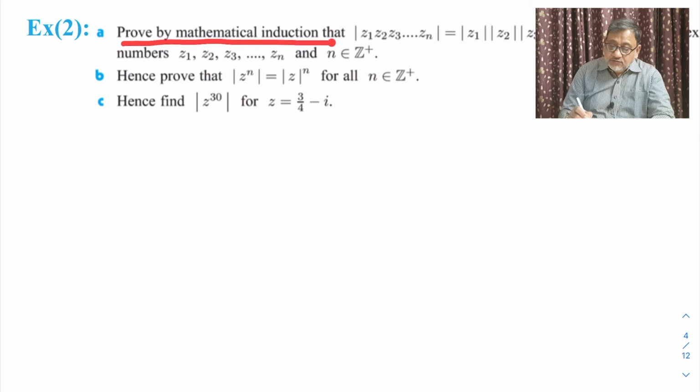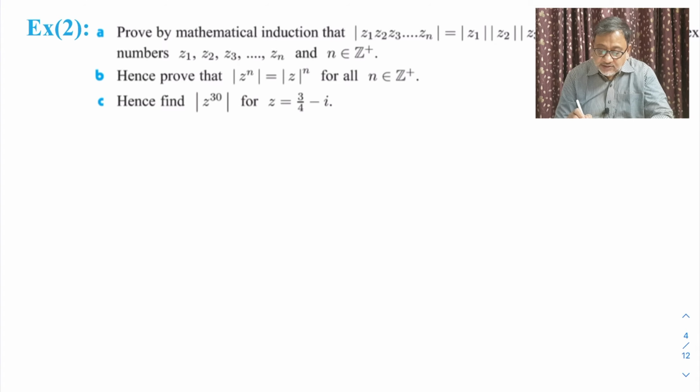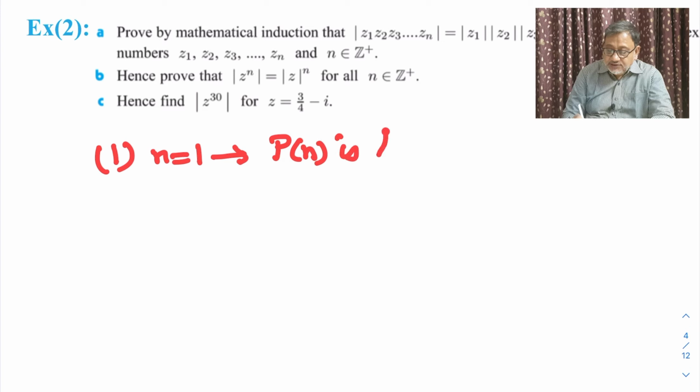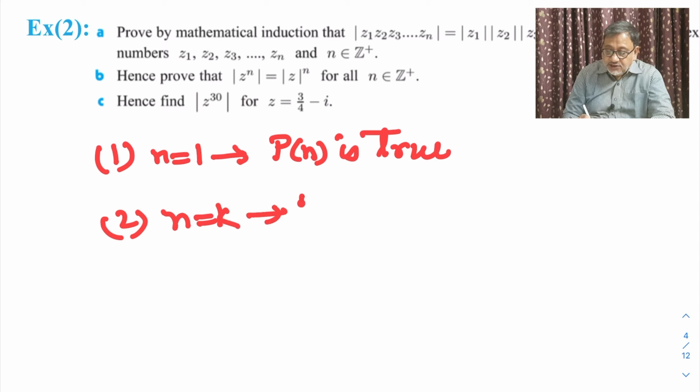So we will prove it by mathematical induction. You already have this in your syllabus. What are the steps in mathematical induction? There are always 3 steps. First step is when n is equal to 1, we say that P of n is true. And then second step, we take n is equal to k, we say that P of k is true.